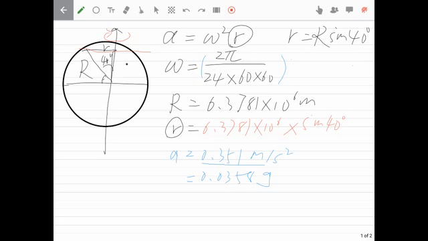Wait, hang on, just double check. 2 times 9.8 times cosine 130.